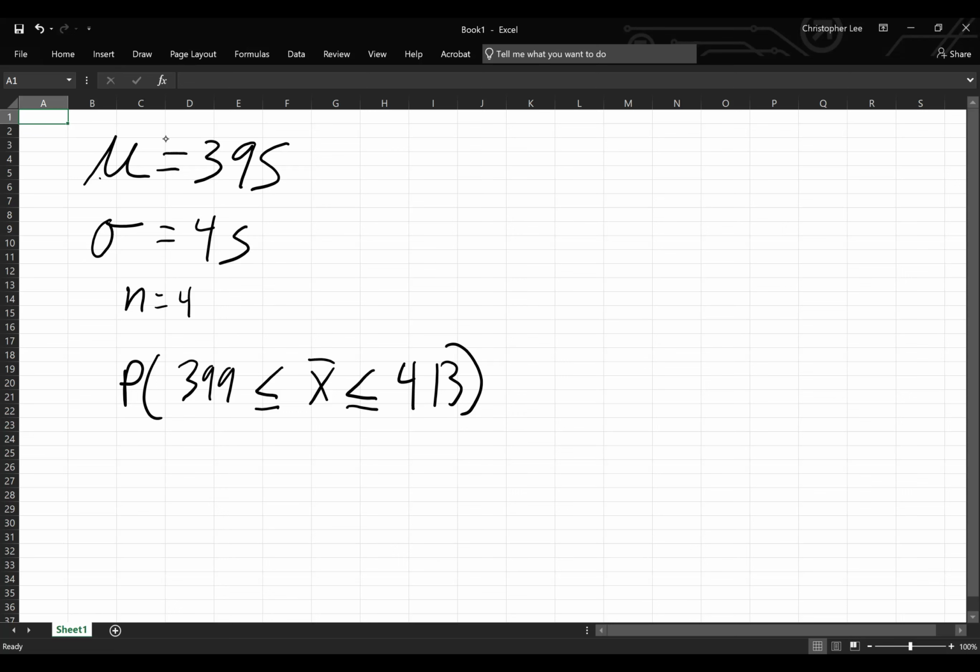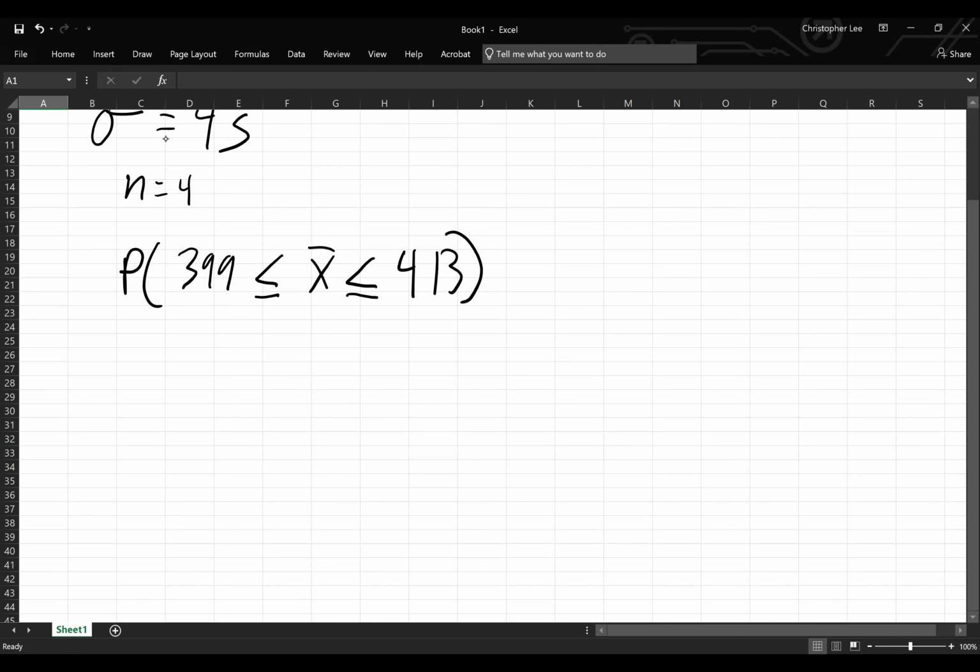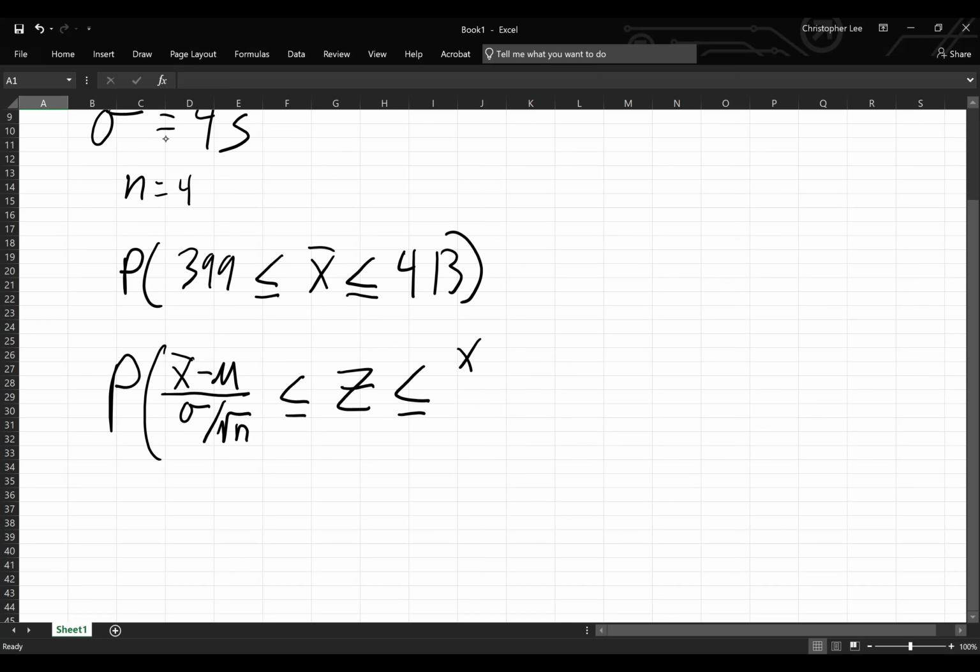So you have to change it into what we know how to do, which is a normal distribution, into a Z. So your Z formula is the probability of X bar minus mu over sigma over the square root of n, less than or equal to Z, less than or equal to X bar minus mu over sigma over the square root of n. At that point, just plug it in. That's all you have to do.